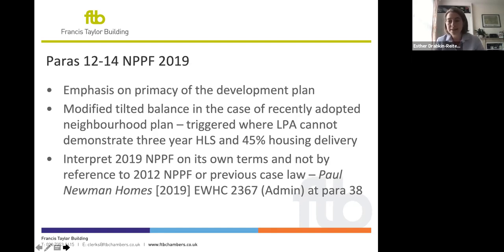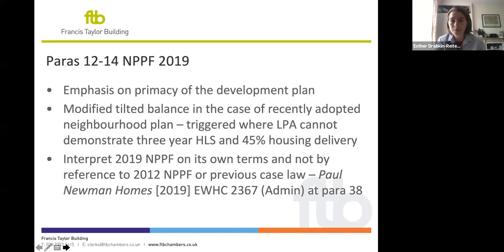Paragraph 14 then deals with the situation where the local plan results in the tilted balance being engaged, and the test in 11D limb 2 applies, but the neighbourhood plan is still up to date.